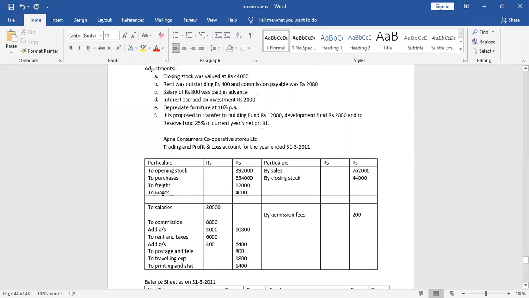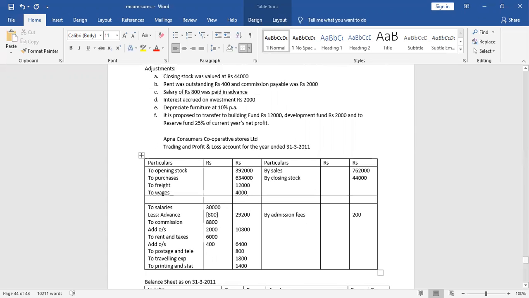Then we have salary paid in advance, prepaid. How much is prepaid? 800. So in brackets 800, and this will become 29,200.